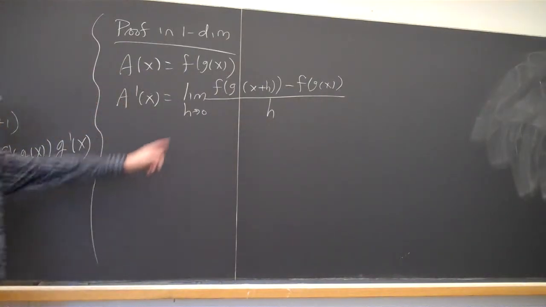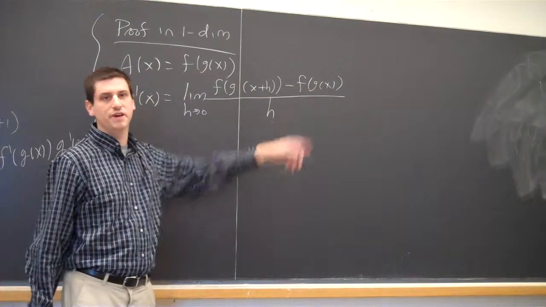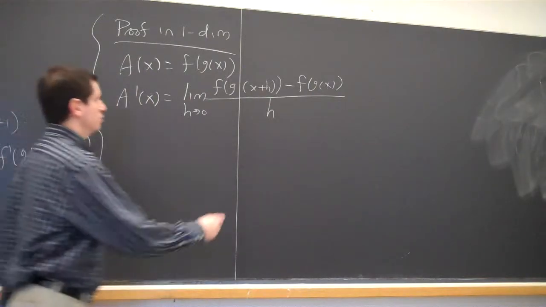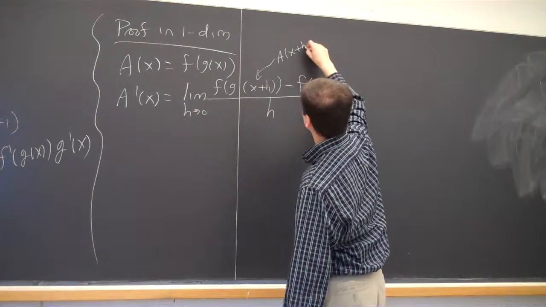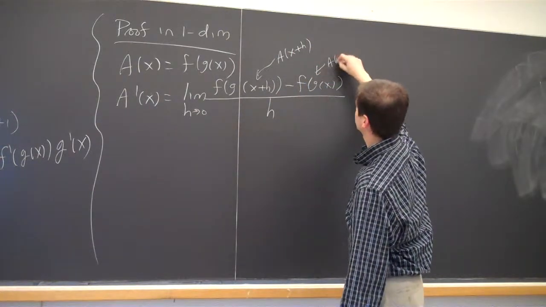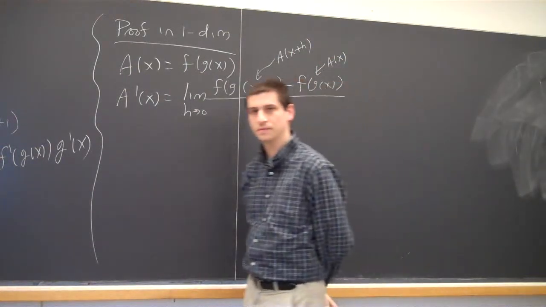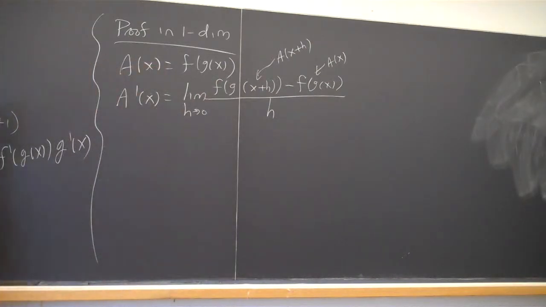And so I really should be writing a of x plus h and a of x. I'm just saving a little time. So really, a of x plus h, and really, this is a of x. Alright, so we want to try to figure out what's going on.